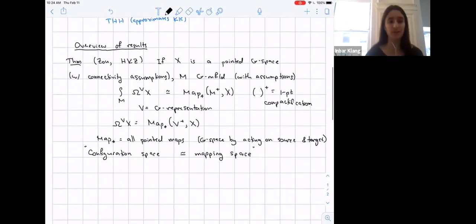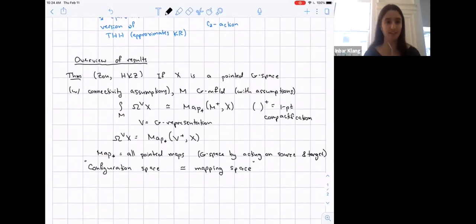So this is going to be an equivalence as G spaces. Exactly, thanks.